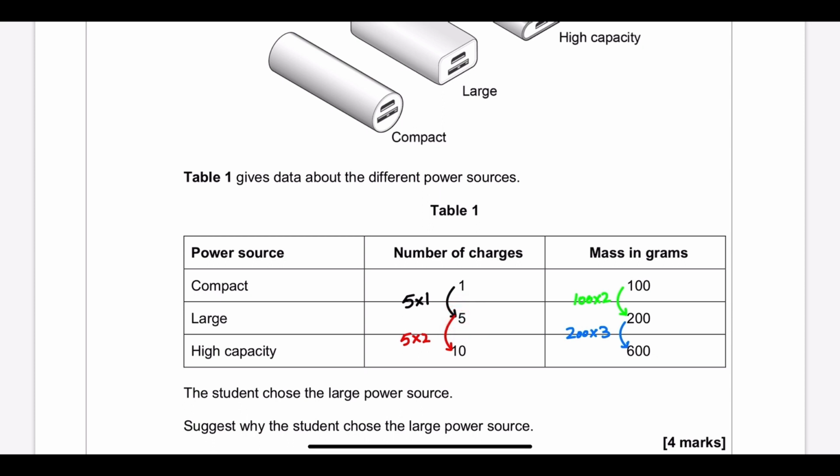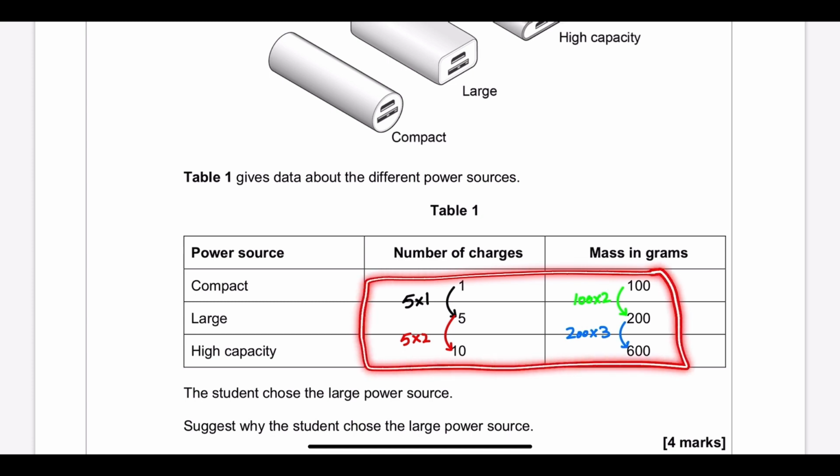But on the other hand, the high capacity power source is 3 times heavier than the large power source. The student needs to compare these values in his answer to get full 4 marks.